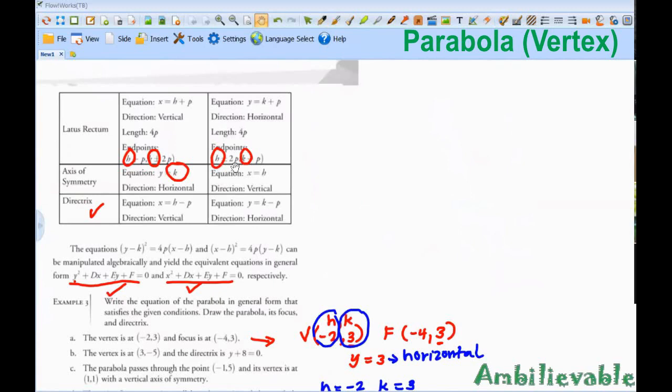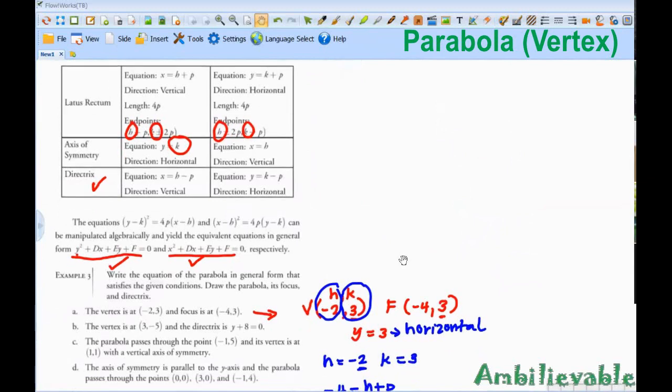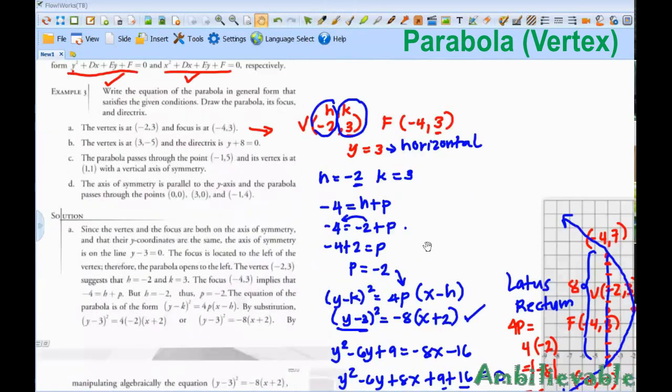So h plus or minus 2p and k plus p. These are the formula for the endpoints. Before it was h, now it is h plus 2p.